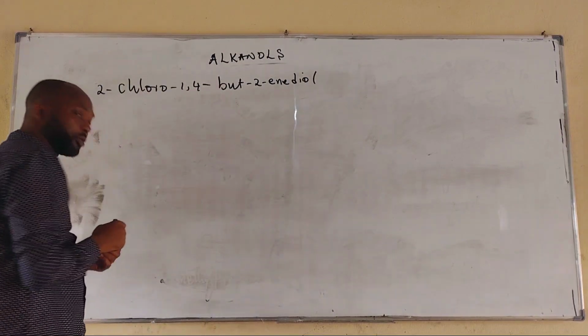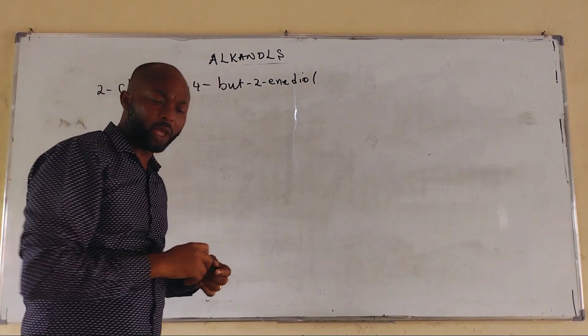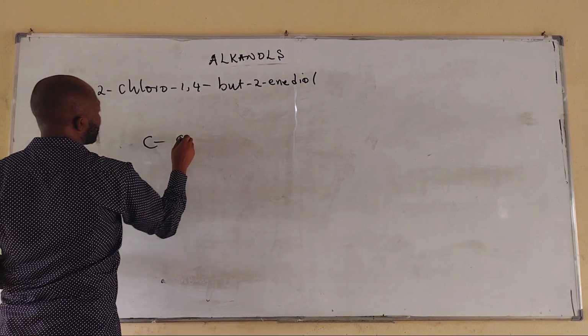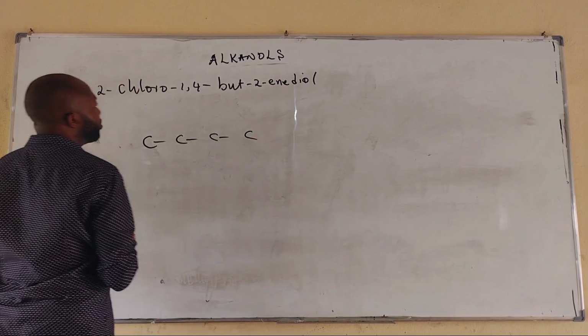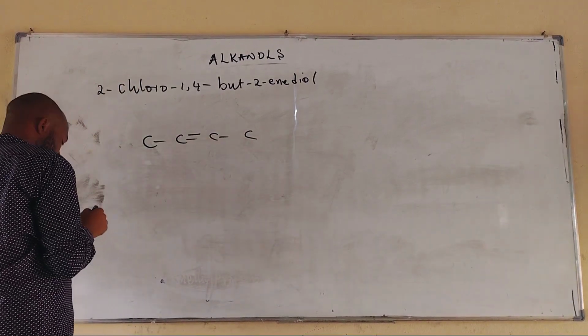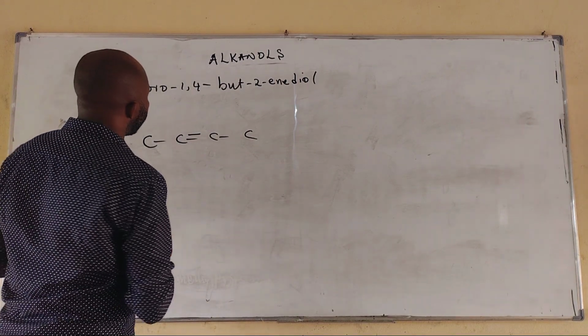Alright, there's a double bond here. Now, but is butane. 1, 2, 3, 4. So but-2 means it's in carbon 2. The double bond is in carbon 2.